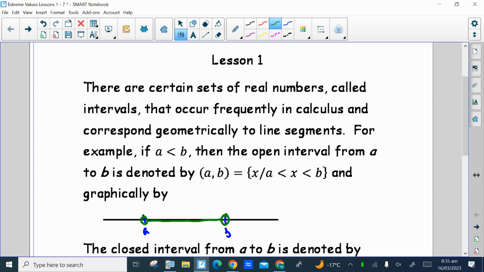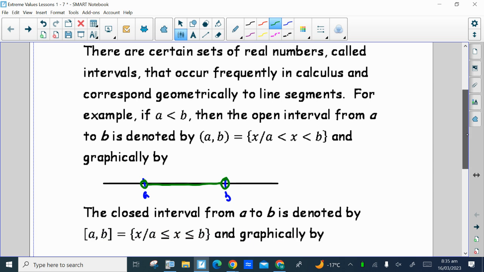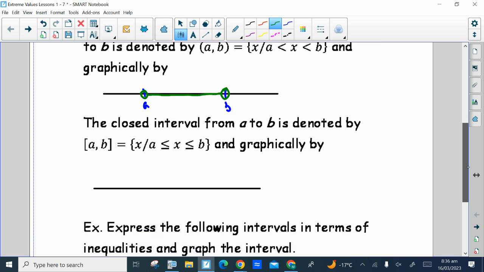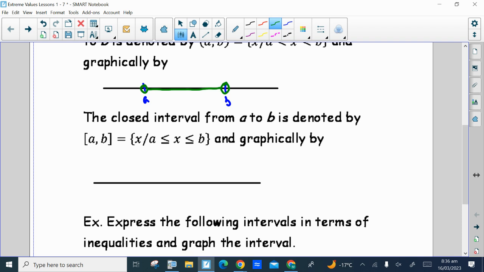So that is how we show on a number line that all values between A and B, not inclusive, would be included in the domain. If it's a closed interval, that's where we have the square brackets. That means that the end values are included. X is greater than or equal to A, less than or equal to B. So because both A and B are included, we show that with a closed dot on those values with a line drawn in between.